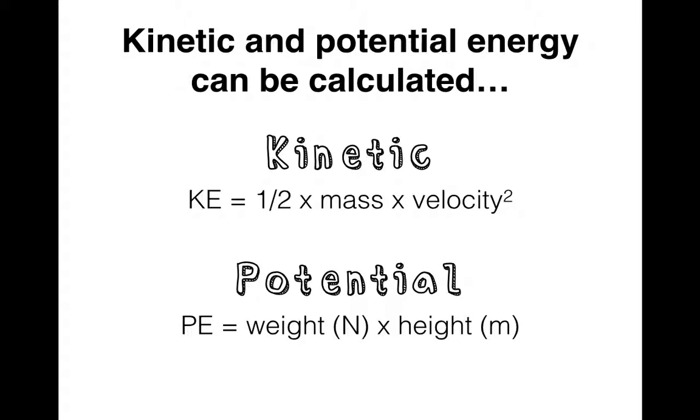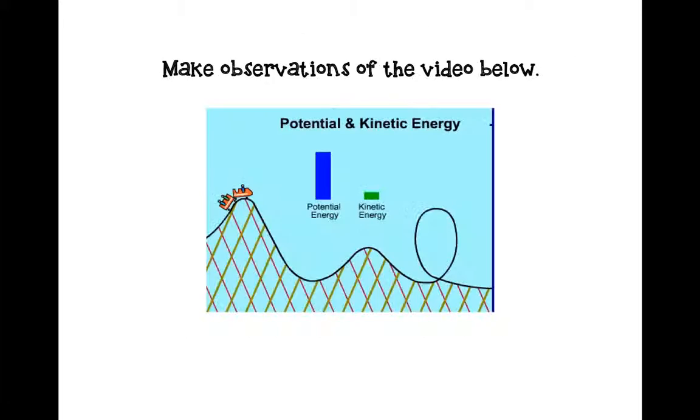Now let's go ahead and compare kinetic and potential energy in a moving system. For example, this roller coaster. I'll play the video twice, and I want you to pay attention to the graph, potential energy and kinetic energy. Notice that potential energy is the graph in blue, and kinetic energy is the graph in green.